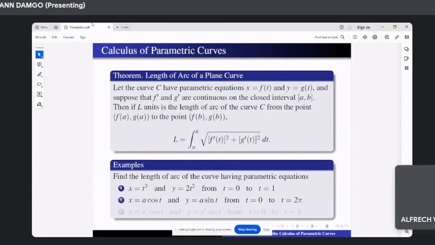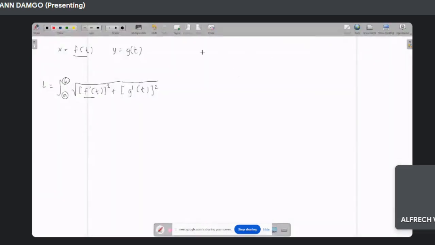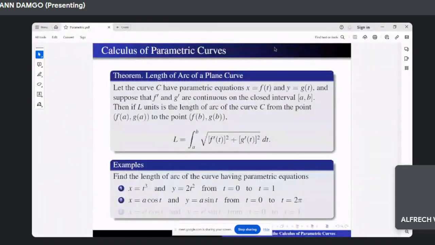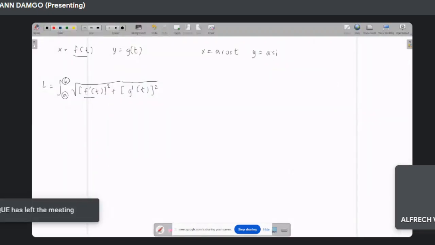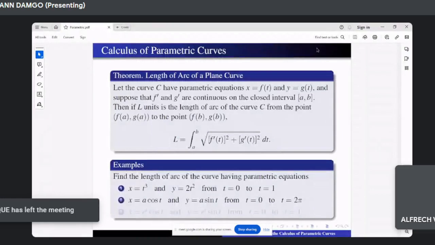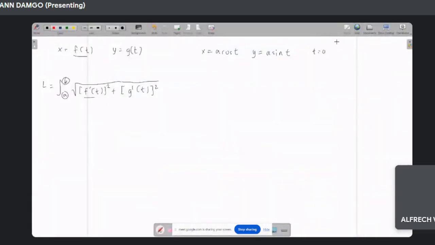Another, we have x is equal to a cosine t, y is equal to a sine t, where t is equal to 0 to t is equal to 2 pi. Okay? So here, we have, first, we find the derivative.